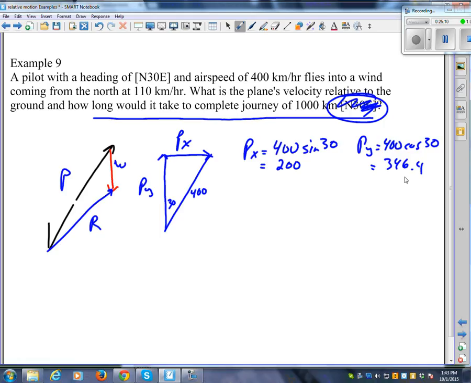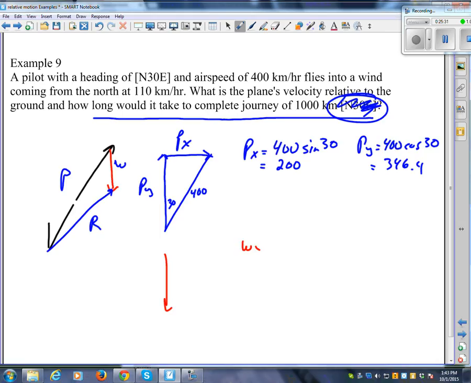What's the next step? You got to break the other vector into components, right? You're in luck here because the wind is going from the north, so it's to the south, right? So does it have an x and y component? It does not. If you want to write wind x equals 0, you go right ahead.